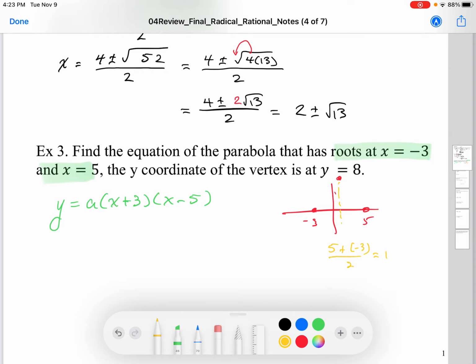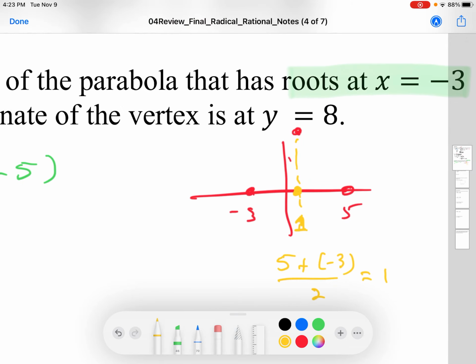That's going to be at x equals 1. So at x equals 1, we have the middle coordinate. Okay, I'm sorry, just going to make that a little bit neater. At x equals 1, we're going to have the middle coordinate.